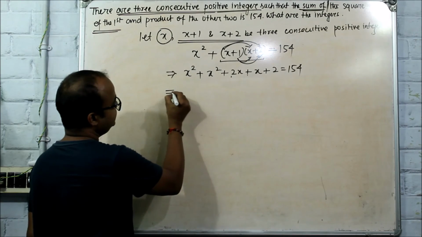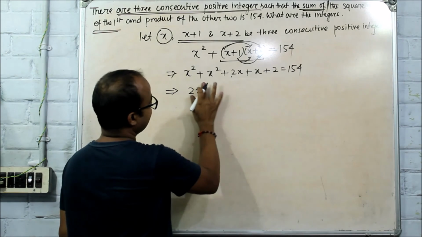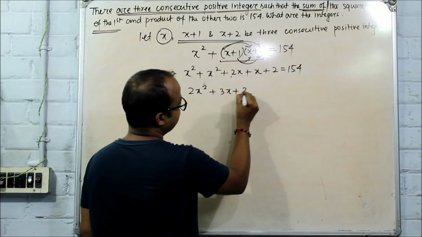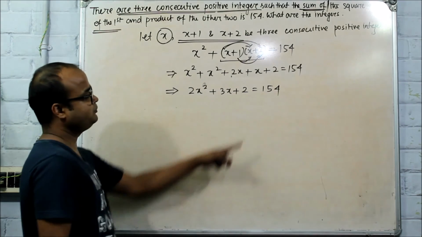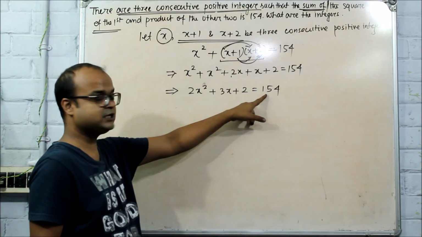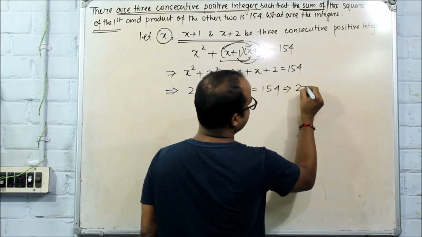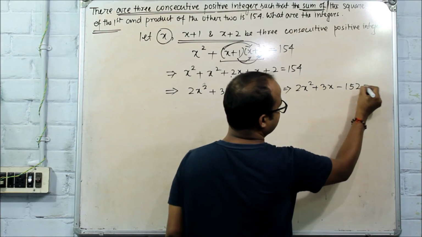So if you simplify, you will get 2x square plus 3x plus 2 is equal to 154. Now bring this 154 to this side, so you get minus 154. So this will be 2x square plus 3x minus 152 is equal to 0.